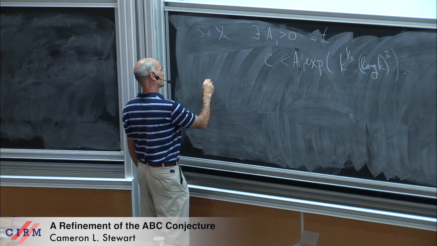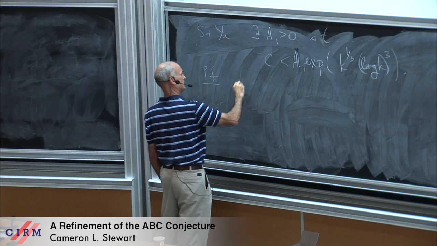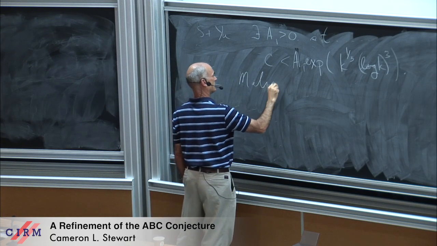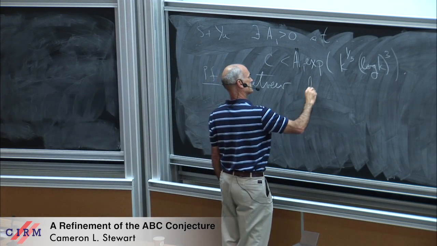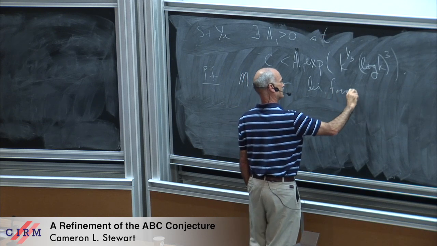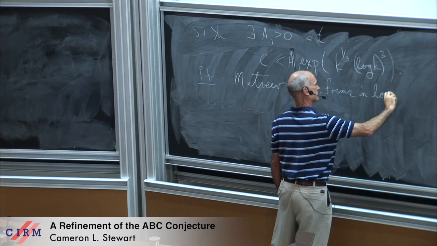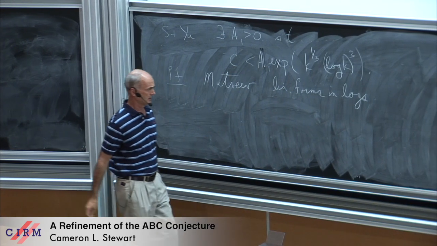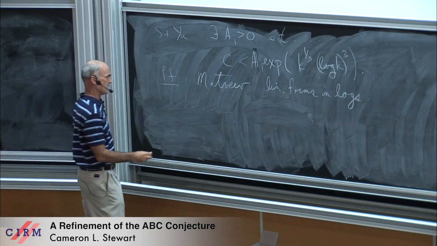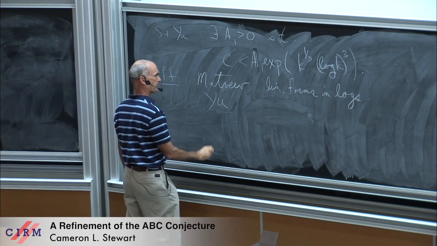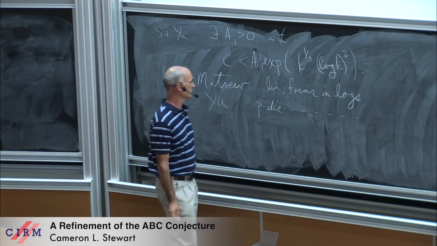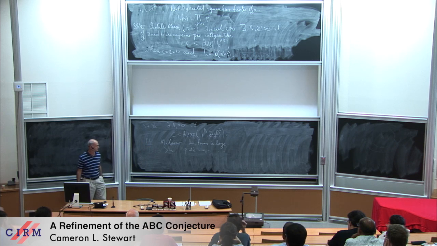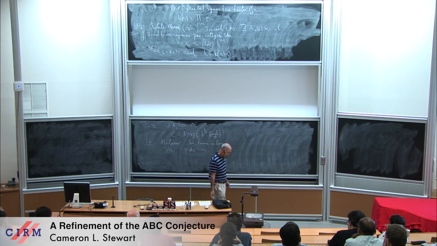What are the ingredients in the proof? Well, the proof depends on estimates for linear forms in logarithms, and one uses a result of Matveev in the complex case, and in the p-adic case, one uses a result of Kunrui Yu, so one needs to take into account both of these results.